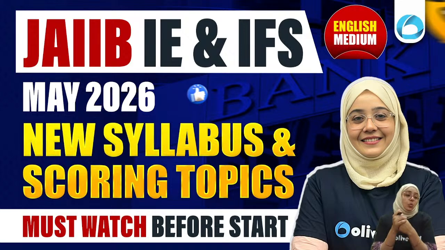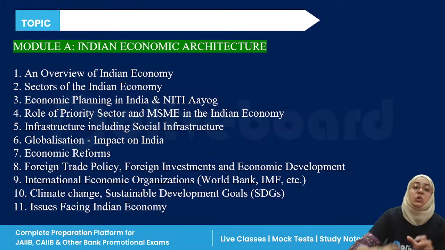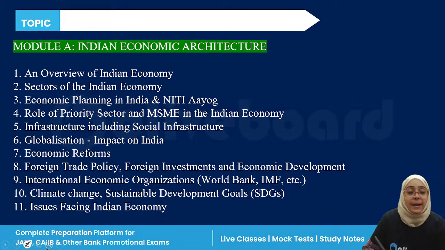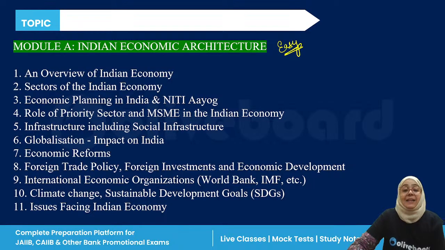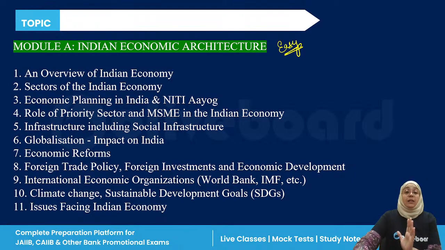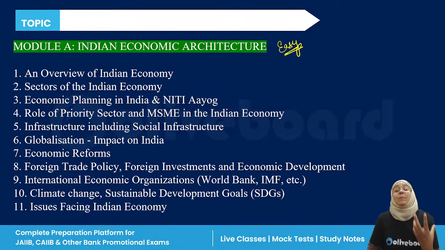Now let's talk about module A. Module A is a very easy module, not the easiest one, but yet very easy. Only 11 chapters are there, and you will not see very harsh or complicated topics.